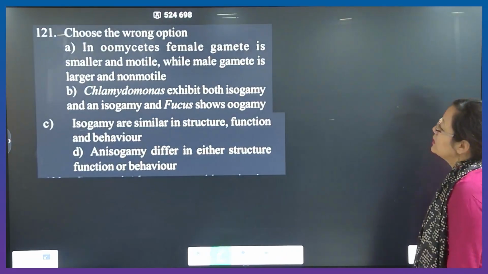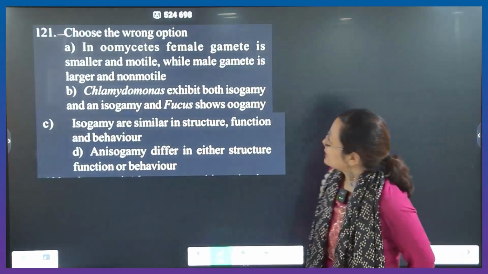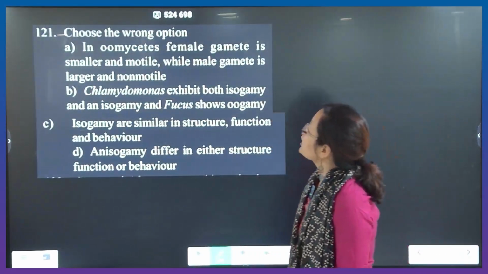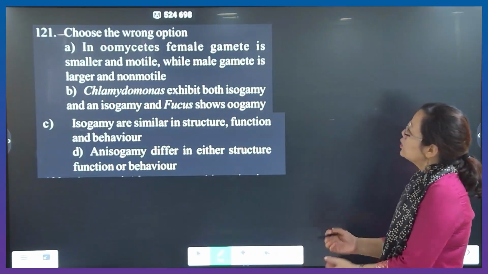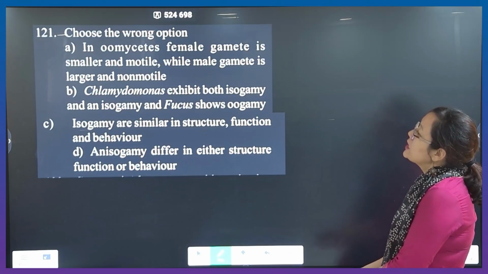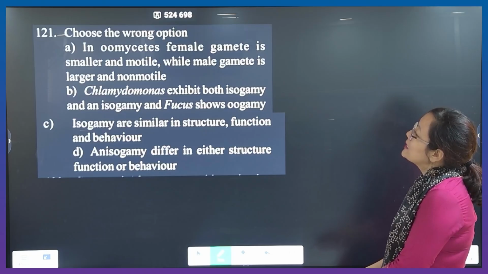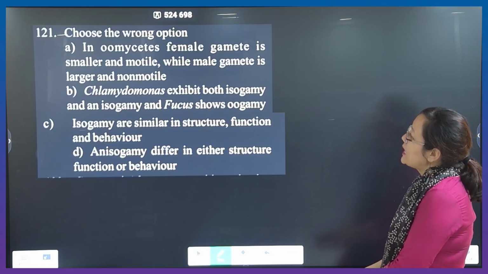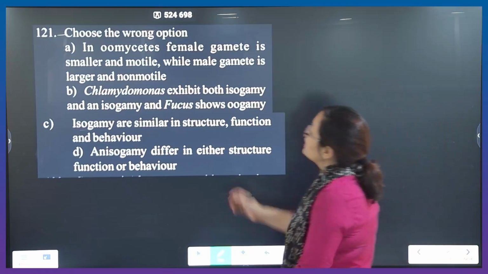Okay, we are entering the plant kingdom phase now. Choose the correct option. In Oedogonium, wrong option. In Oedogonium, female gamete is smaller and motile, while male gamete is larger and non-motile. This is given wrongly.